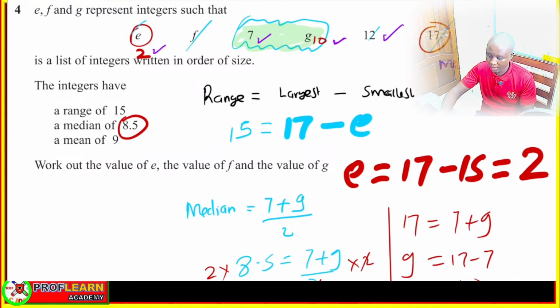When you add these numbers, you get 48. So we're going to say 48 plus F, divide by the total numbers, we should be having 1, 2, 3, 4, 5, 6, over 6. Then our mean we are told is 9. So we're going to say 9 is equals to 48 plus F over 6.